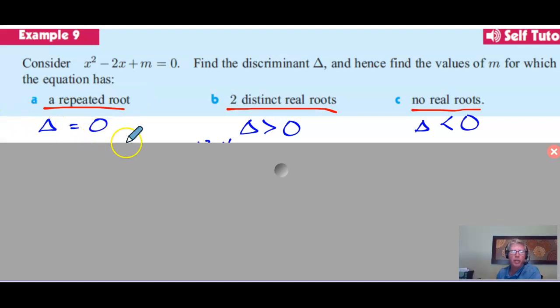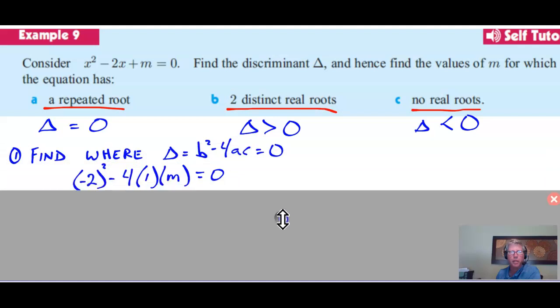There we're making delta equal to 0, 2 distinct real roots greater than 0, and no real roots less than 0. Please, first thing you're going to do out of the gate, associate the question to what the discriminant needs to be. All right. So I put number 1 because I want this to be the first thing you do for all the problems. Find where the discriminant equals 0.